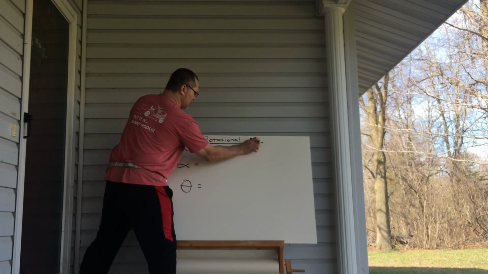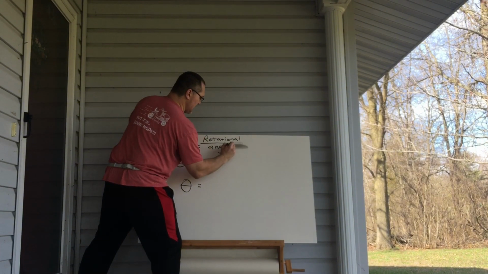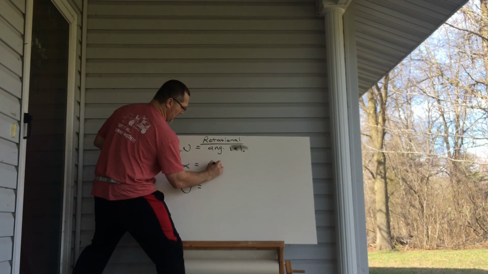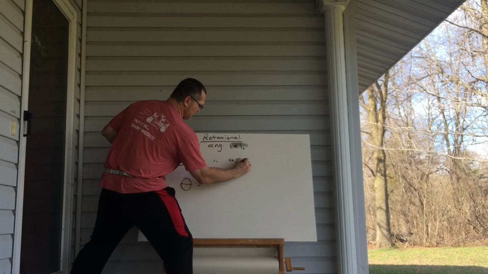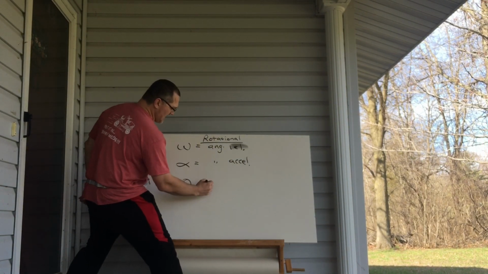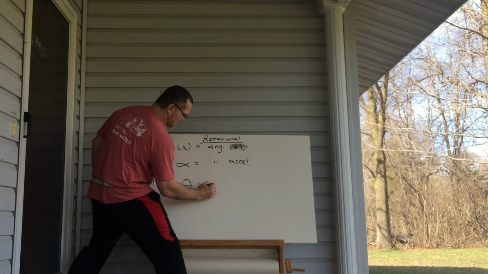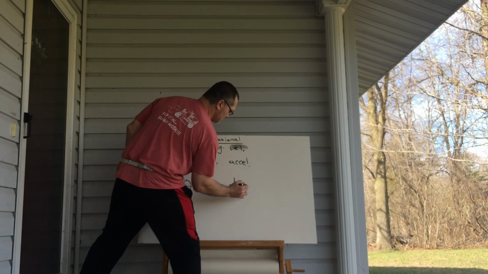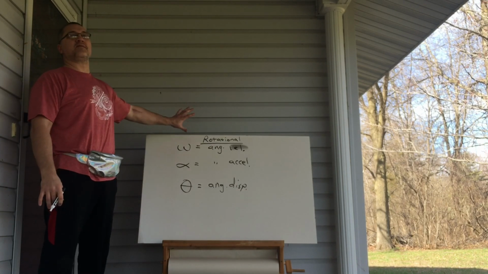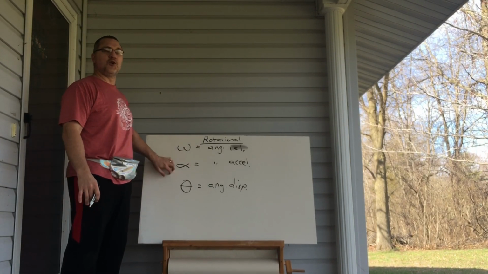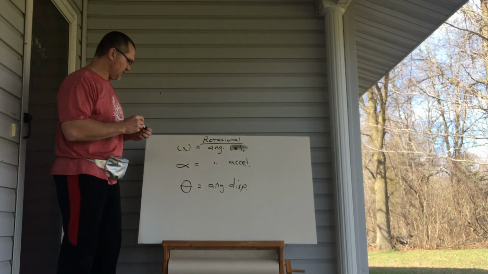We're not going to use angular speed. We're going to say angular velocity. Alpha is your angular acceleration. And theta, that essentially is the displacement. This is your angular displacement. So those are the variables we are using. We are just converting linear variables to rotational variables.